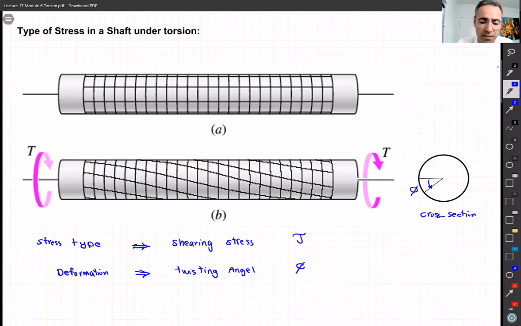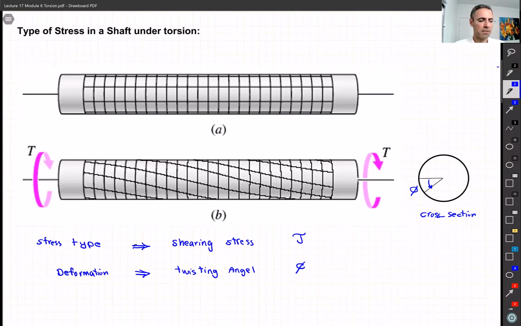I believe phi is the correct one. So tau and phi, all right? And in this module, simply our task is to find tau, the shearing stress, because it comes from torsion, the torsional stress, and phi, the angle of twist, all right? It is important to understand where this phi and tau come from and why it is shearing stress. So if you have a question so far, please ask before we get to the formulas and formulating these things.